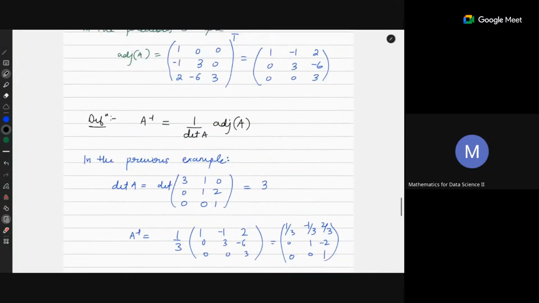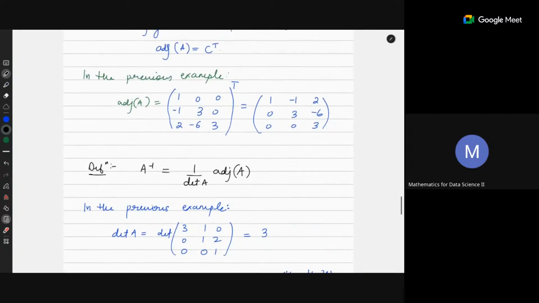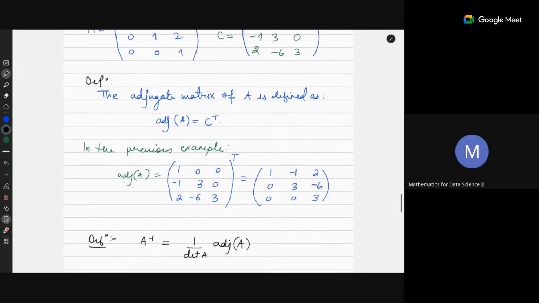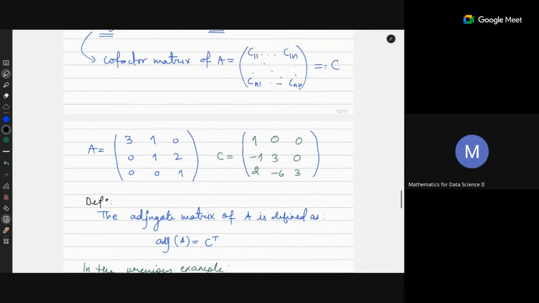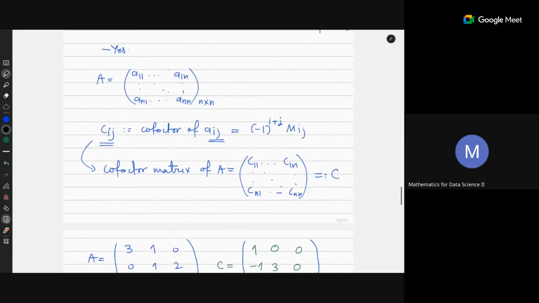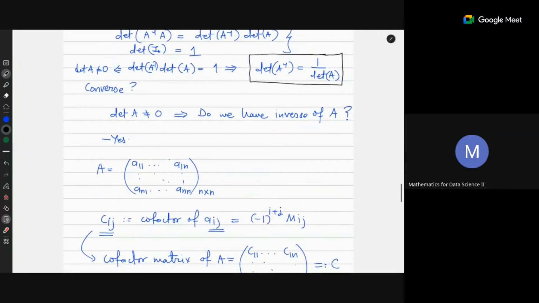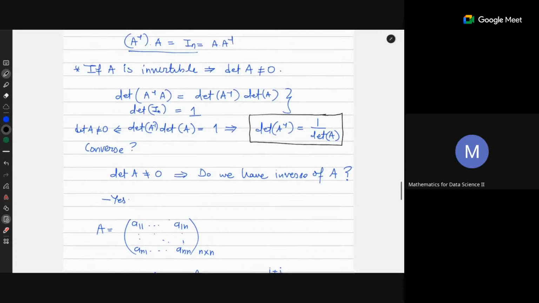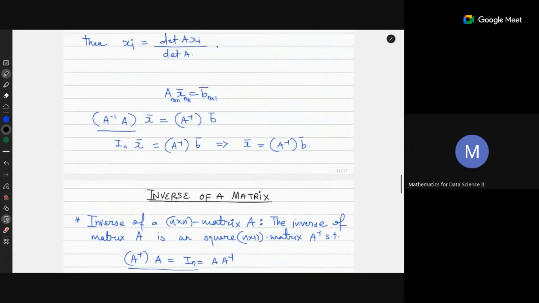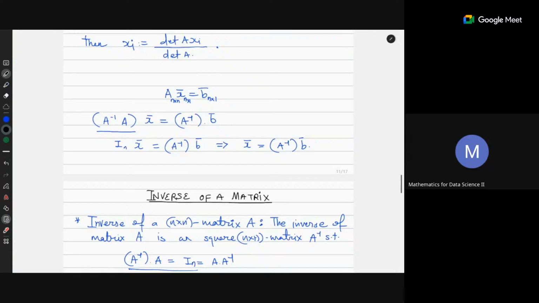Okay. So now we have found out how to calculate the inverse of a matrix, of a square matrix. Inverse only makes sense for square matrices. And why I'm talking about the inverse of the matrix is because we can use the inverse to solve a system of equations of this particular type, where the number of variables is equal to the number of equations, and the determinant is non-zero.